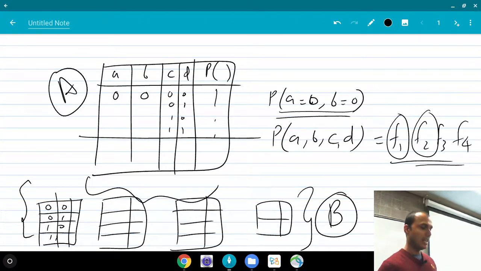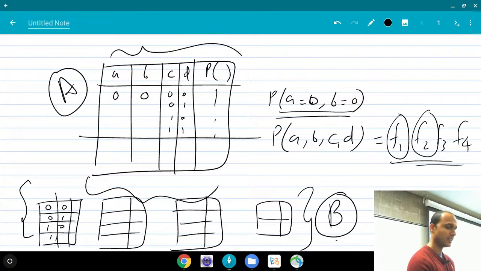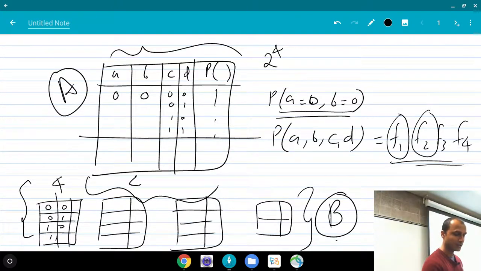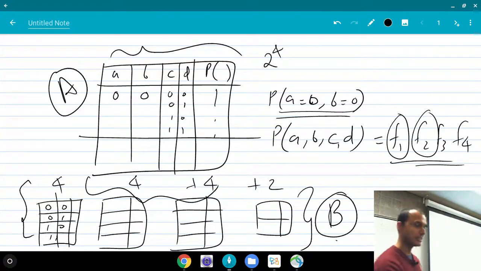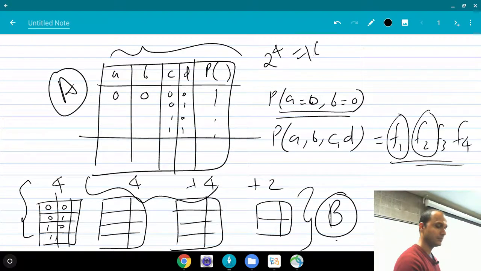The second table is the one, and in fact the number of numbers here could be smaller than the number of numbers here. So for example, here the number of numbers will be 2 to the power 4. Here maybe it's similar because this is a small dimensional example. Let's say 4 plus 4 plus 4 plus 2, okay, 14 numbers, right? 14 versus 16, let's say.